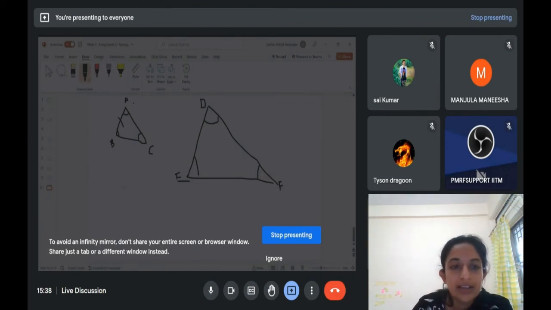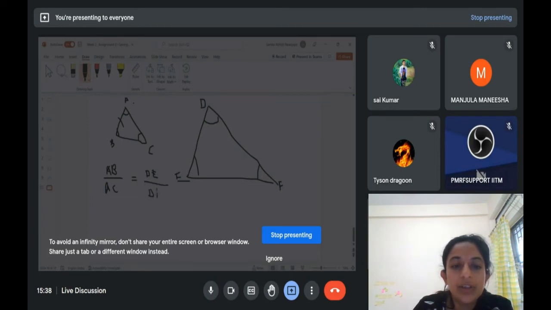From this, we can say that the sides AB and AC, if we take the ratio of the sides, it is equal to DE by DF.